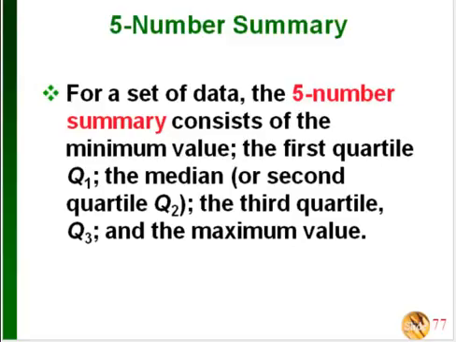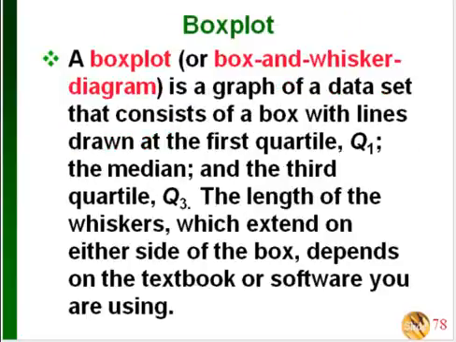So when we talk about a 5-number summary, this is just 5 different values. So we take the minimum value, the first quartile, the median, the third quartile, and the maximum value. And once we have that 5-number summary, we can use that to construct a box plot. The box for the box plot has Q1, the first quartile, the median, and the third quartile, Q3.